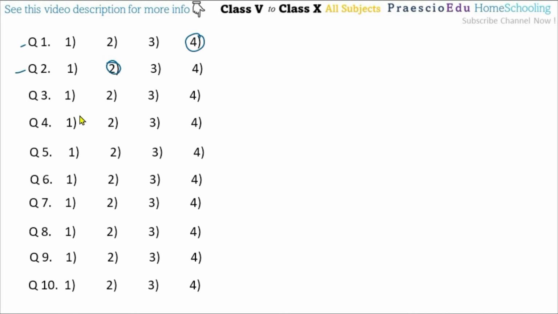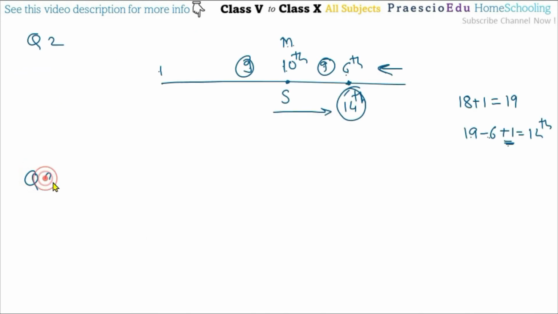Then question number 3: in a row 15 boys are standing on the right and 21 boys are standing on the left of Virat. So suppose Virat is here, with this direction on the right and this on the left. So 15 boys are standing on the right.